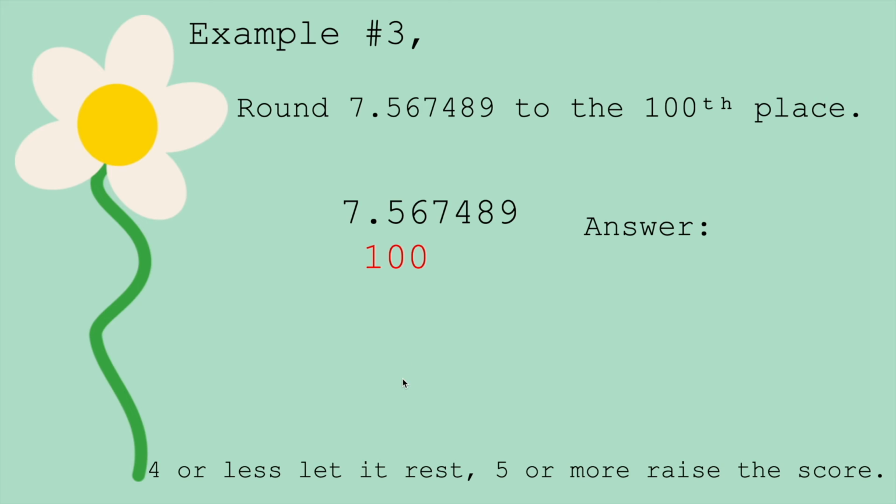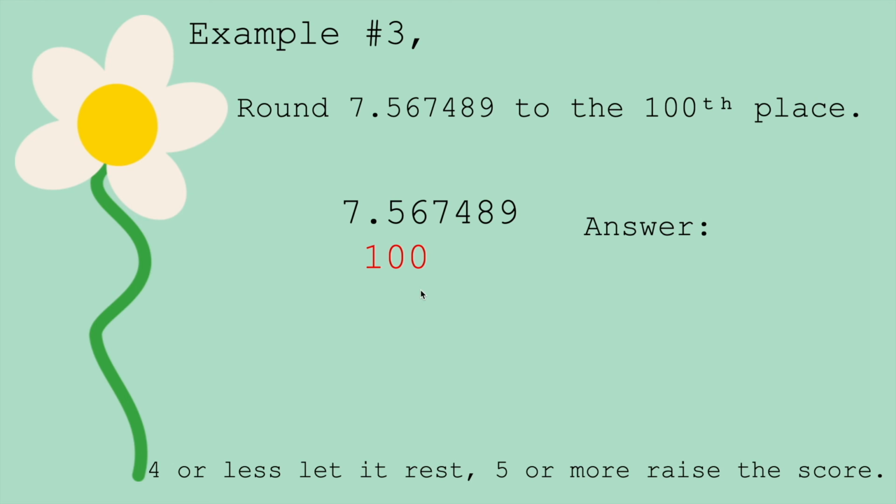The numbers that we're going to pay attention to in this value are the 6 and the 7, right? Because the 6 is the number that's in the 100th place, and the 7 is going to tell us whether we're going to let it rest or whether we're going to raise the score of the number that's in the 100th place, which is 6. So 7 is not 4 or less, which leaves us that 7 is 5 or more, which is telling us to raise the score.